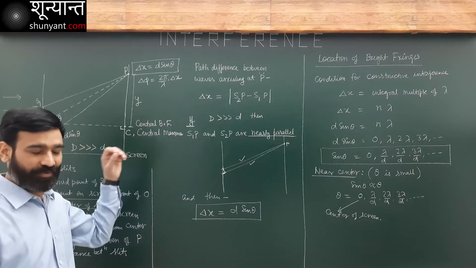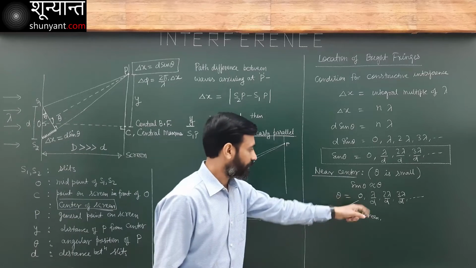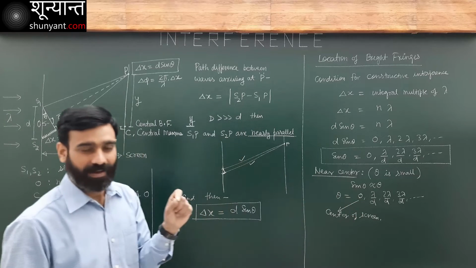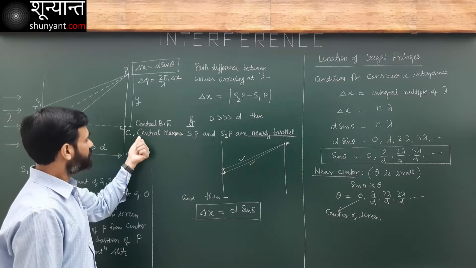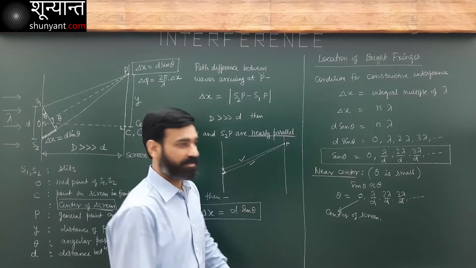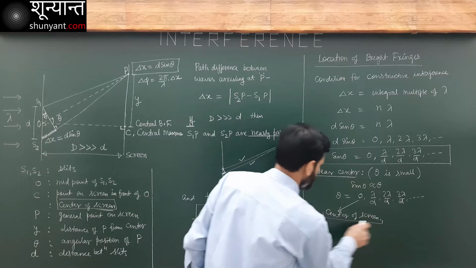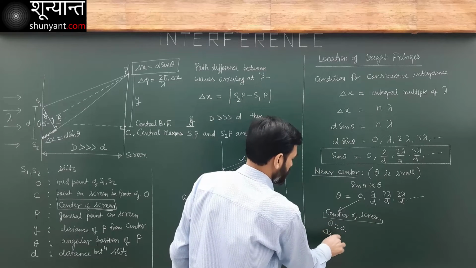Note down these names, they are very important. At the center where theta is 0, I am going to get a maxima, a bright fringe. It is known as central bright fringe. It is central maxima. Both are the same. Now, what will be the path difference here? At the center of the screen, theta is 0, delta x is also 0.